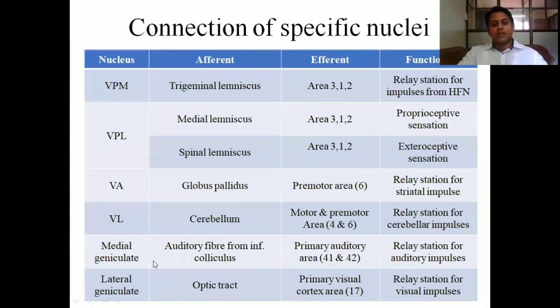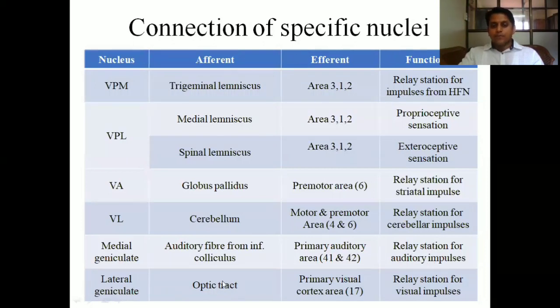From there, they come into the medial geniculate body. From the medial geniculate body, the auditory pathway goes into the primary auditory area, number 41 and 42. So this is the auditory pathway, for which the medial geniculate body is a relay center. So the function of it is as a relay station for auditory impulses.